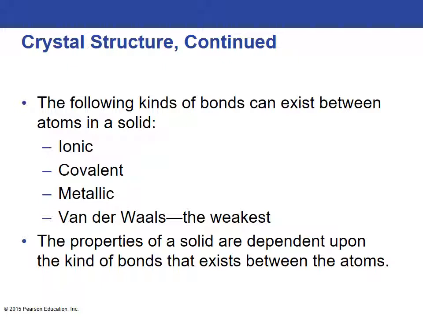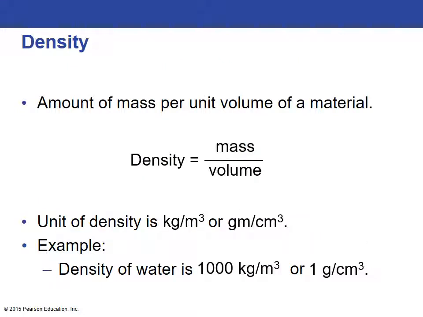The eventual property of the solid material is a function of, among other things, the kinds of bonds, the way the atoms are held together dictates the property of the material in the form that you and I would deal with. It's also the size of the nucleus of the atom and how closely they're packed together that tells us about the density of the material.